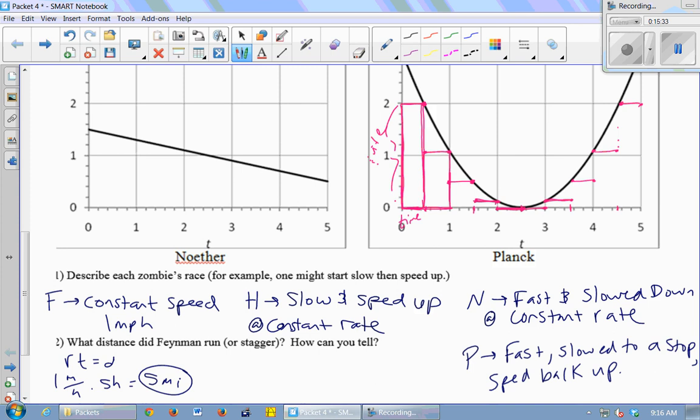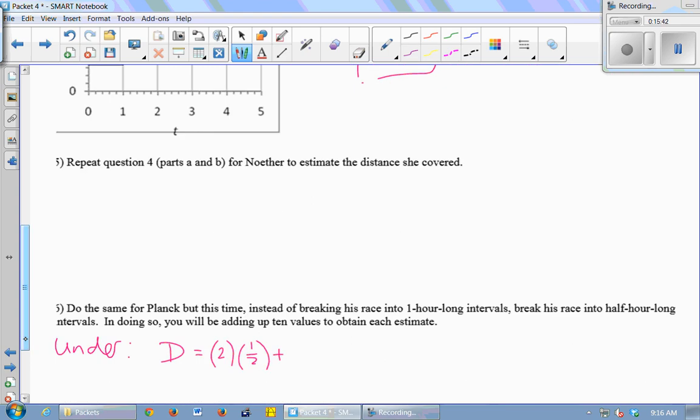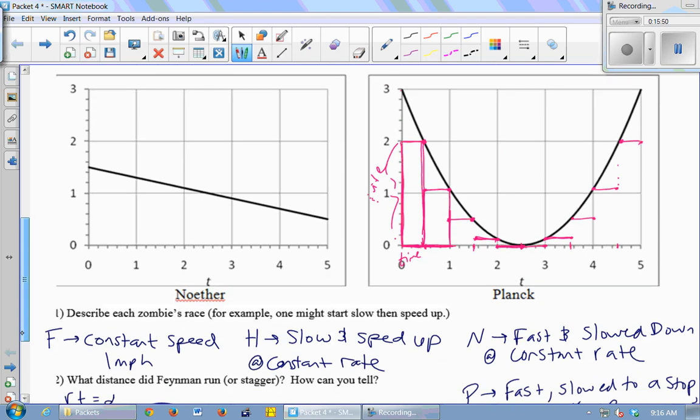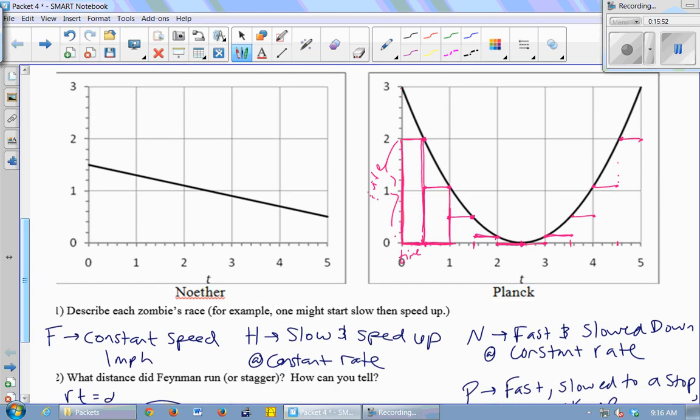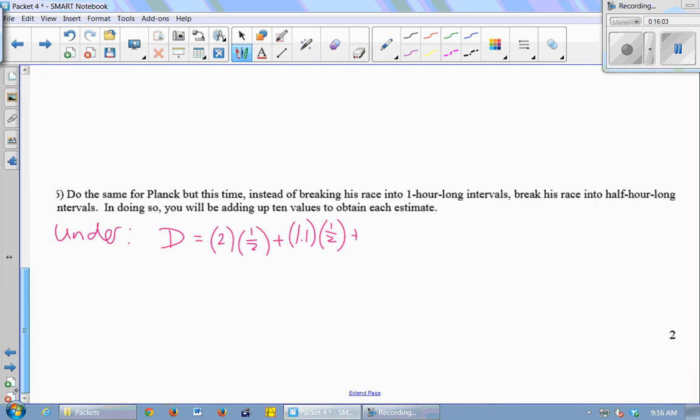So rate times time is height times base of a rectangle. 1.1 times a half. All right, and then my next rectangle, my rate is the vertical piece of it. Time is the horizontal piece. So that rate looks like a half, and my time is a half. So half times a half.